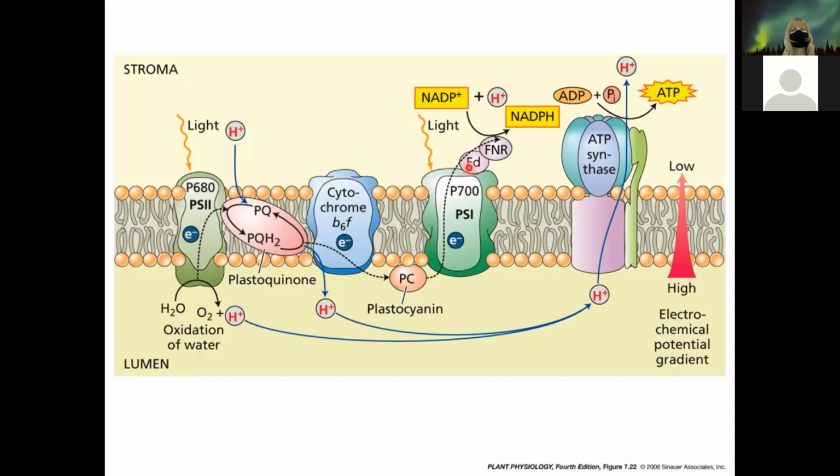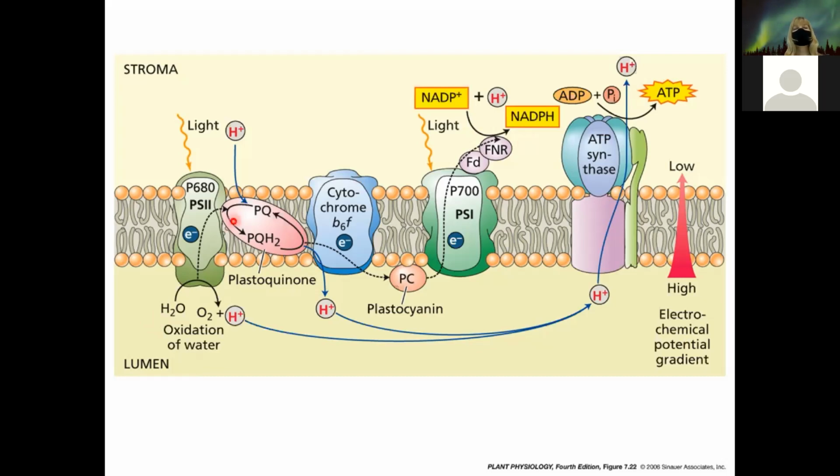Then the electrons continue on, and the final electron acceptor is NADP+. So the ultimate electron donor is water over by photosystem 2, and the ultimate electron acceptor is NADP+, which gets reduced to NADPH.